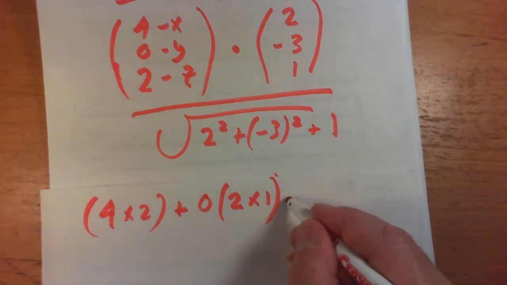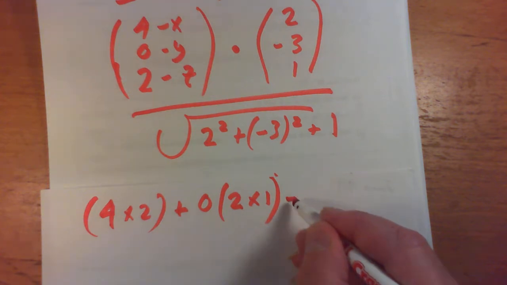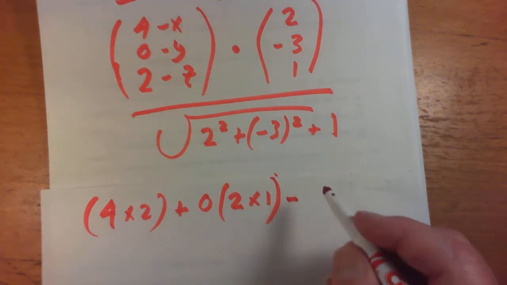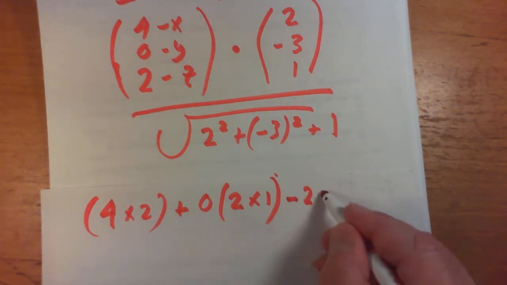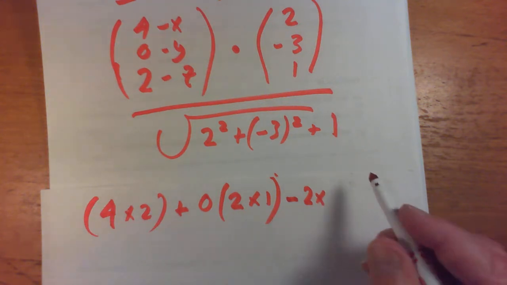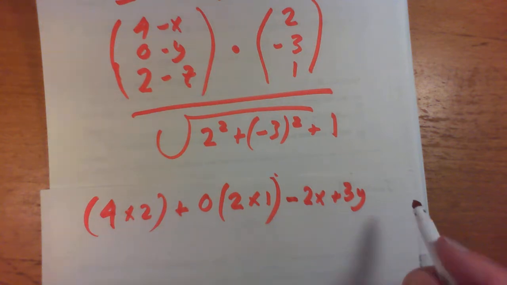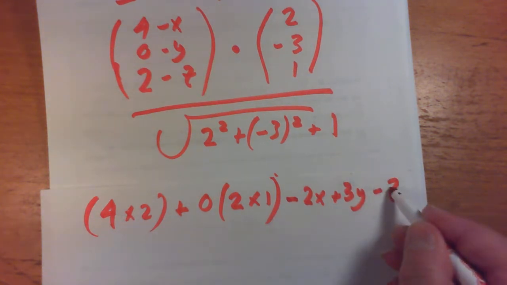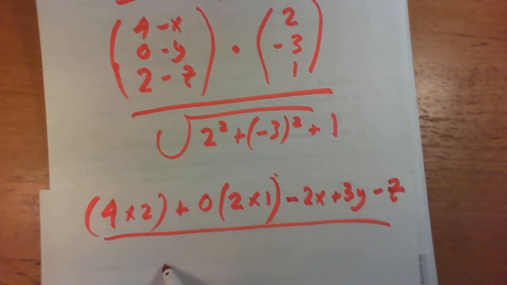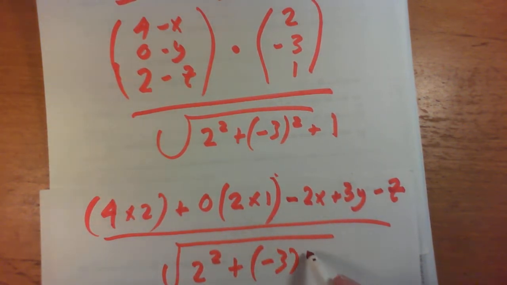And it's going to be minus 2x plus 3y minus z, all over what we had before, 2 squared plus minus 3 squared plus 1.